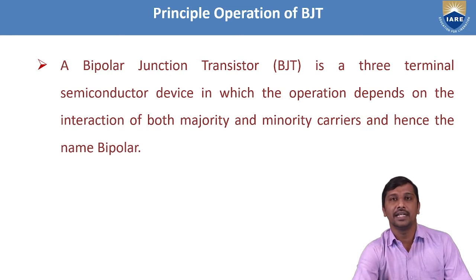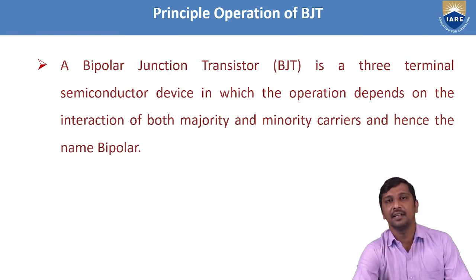This is one of the advantages of the BJT compared with the PN junction diode, where the conduction takes place only with respect to majority charge carriers.